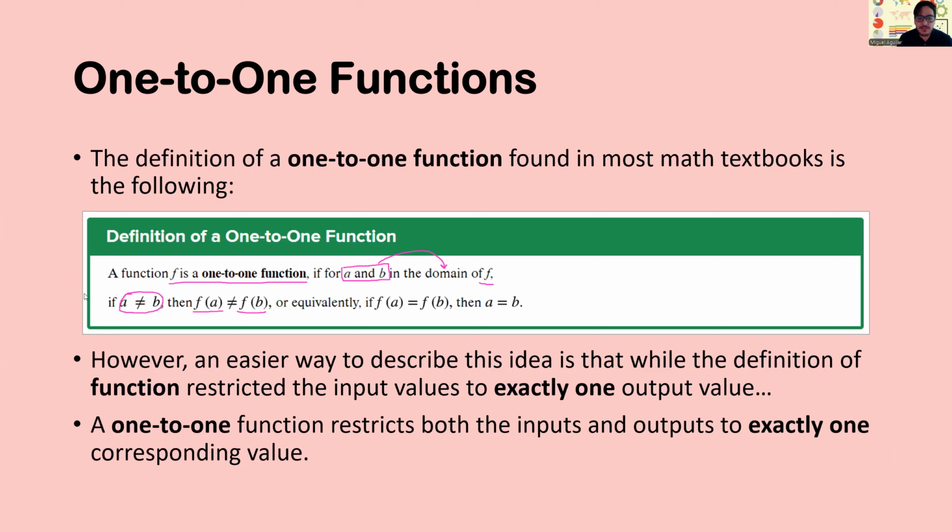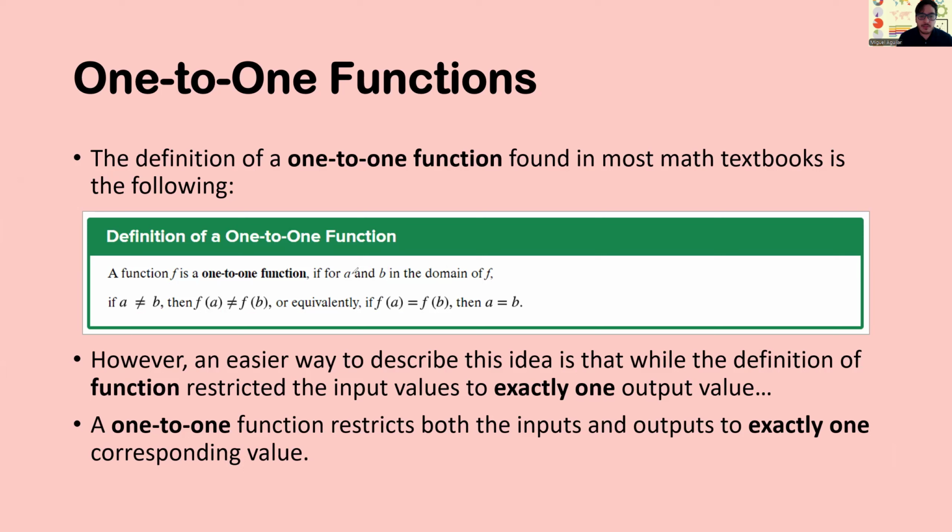Alternatively, another way of thinking about it is that if I have f of a equal to f of b, then that implies that a and b are equal to each other, or they're the same number. Okay. Now, if you were teaching yourself math by reading a textbook and trying to make sense of this on your own, the first time that you read this, it doesn't make any sense. We kind of have to draw a picture for this to make sense, okay?